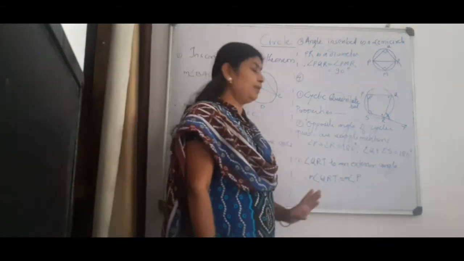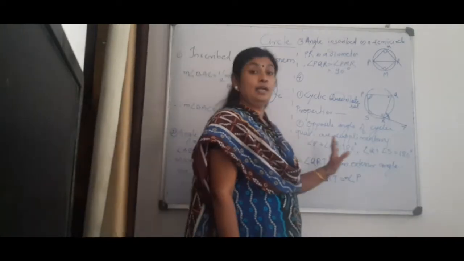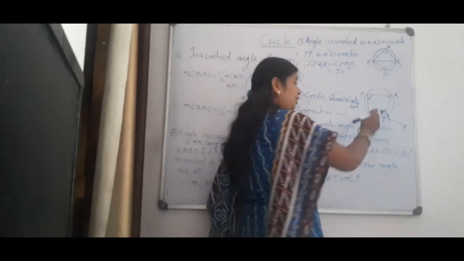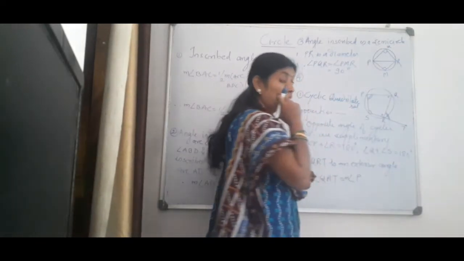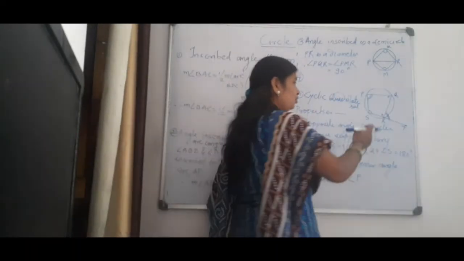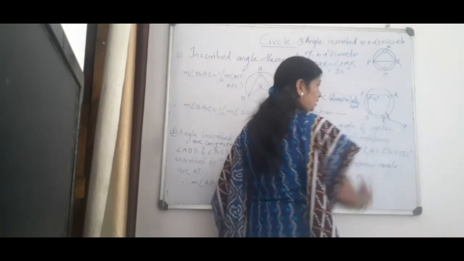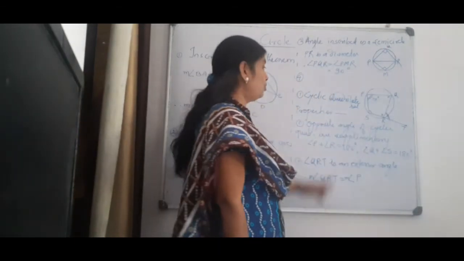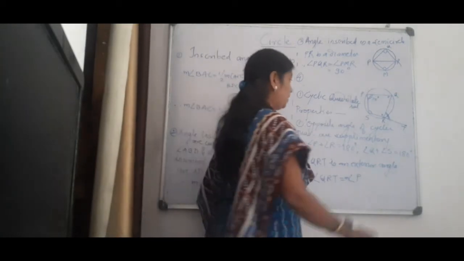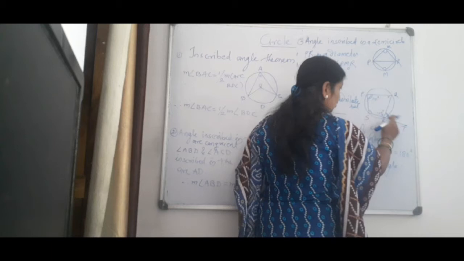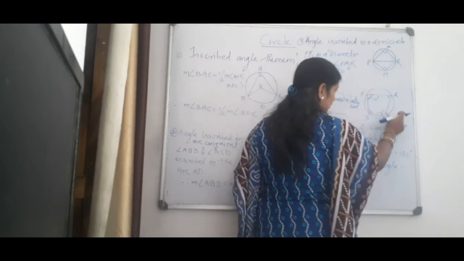Now these both properties are very important. Now see here which types of problems are based on the cyclic quadrilateral. Any one angle is given, you have to find out the remaining angles. Now if angle P is given as 70, what is angle R? 110, because opposite angles are supplementary. Now if R is 110, how much is angle QRT? These both angles are congruent.